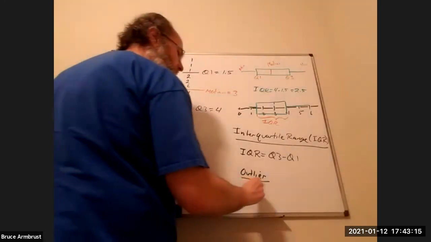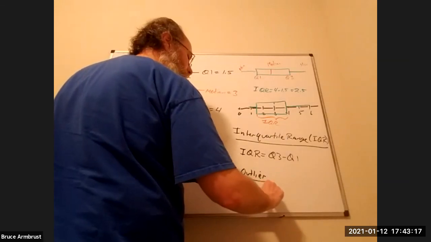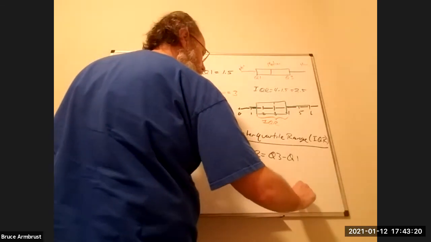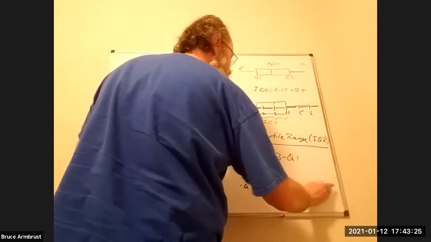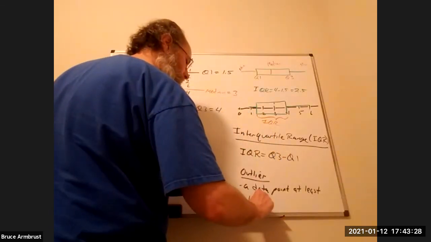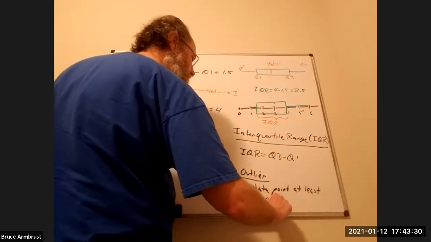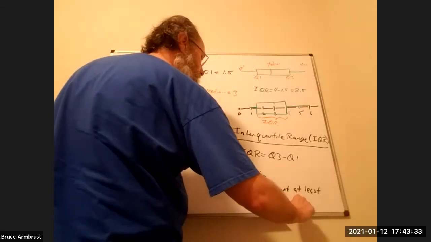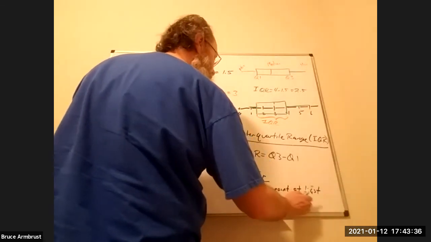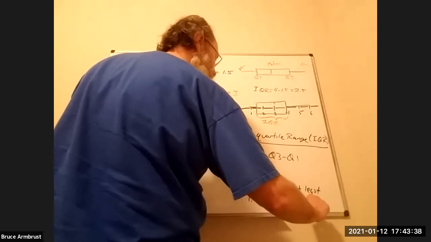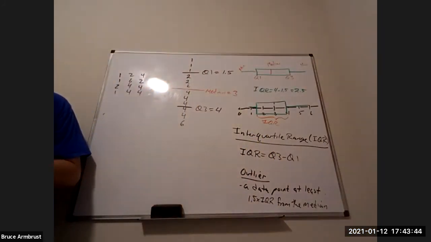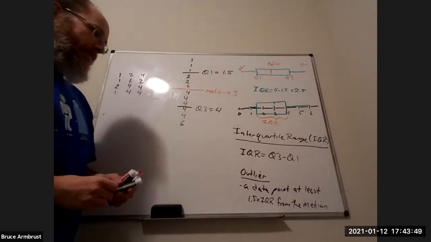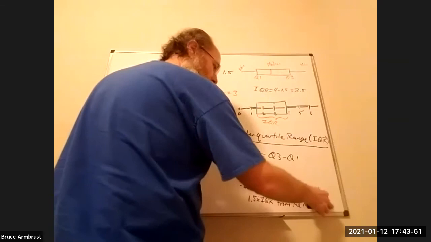But an outlier is a data point at least 1.5 IQRs from the box, or from the mean, or median. No, from the box.